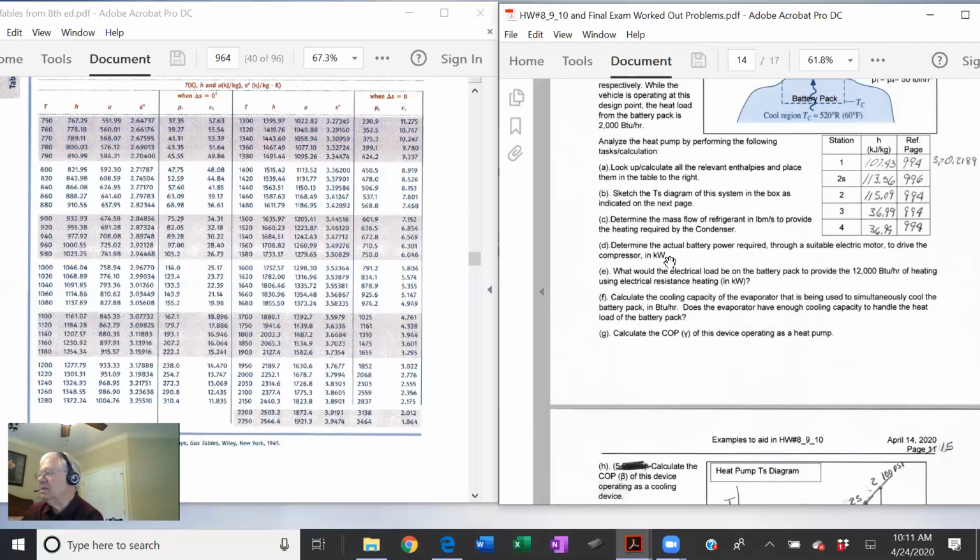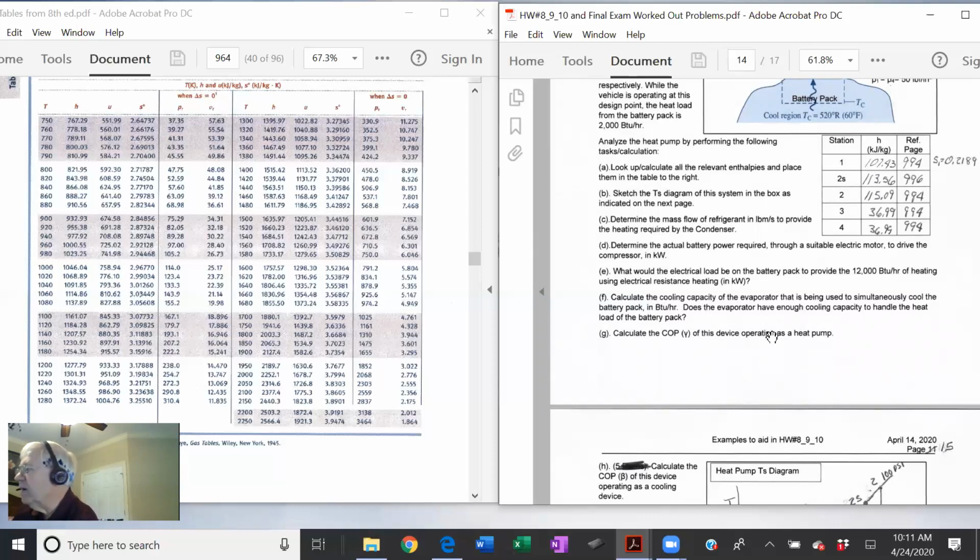All right, it says, what would the electrical load be on the battery pack to provide 12,000 BTUs of heating using electrical resistance heat? We'll calculate that. Calculate the cooling capacity of the evaporator. This is the cold part. And it's used to simultaneously cool the battery pack electronics in BTUs per hour.